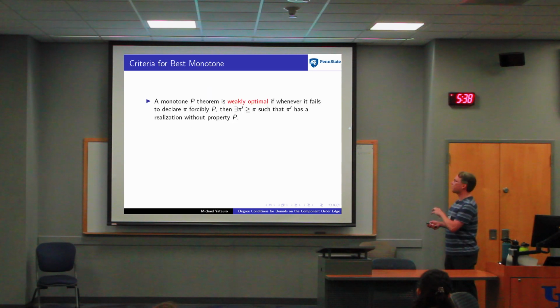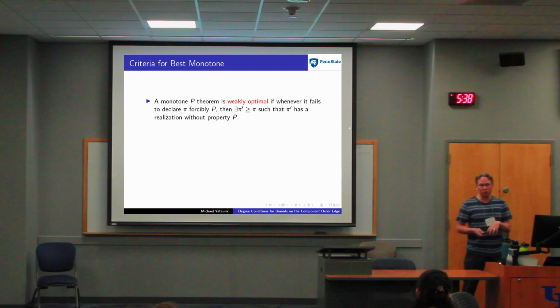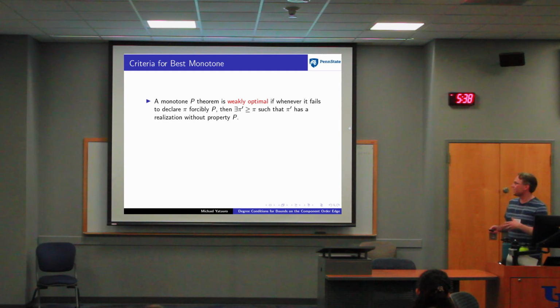And it turns out that you don't need to actually look at all of the classified graphical sequences for all of the P theorems and then compare. What you need is a concept of weak optimality. If your theorem has this property of weak optimality, then it will be the best monotone theorem for that property.